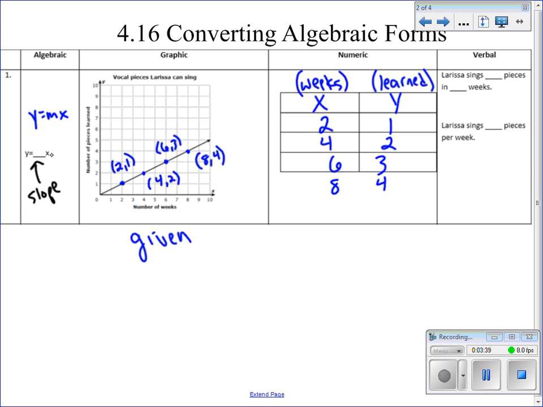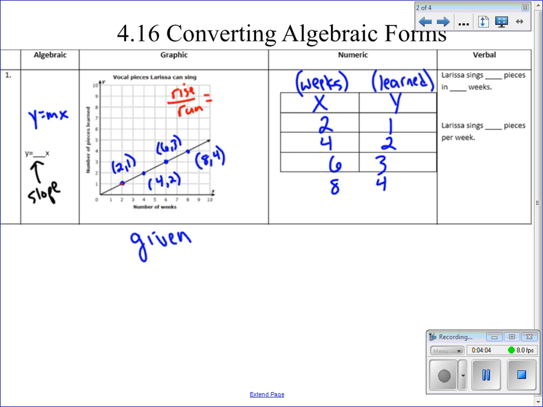We know that we've got to plug the slope in here. Now that we have a t-chart, or we could use this graph, either works to show us our slope. If you want, we can use rise over run and use this chart.